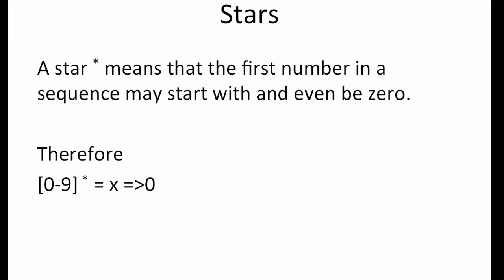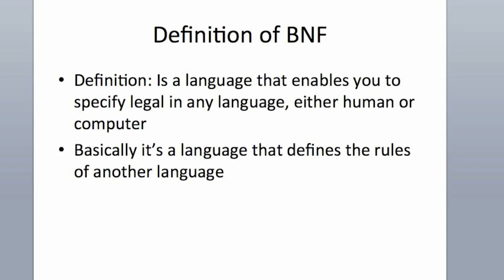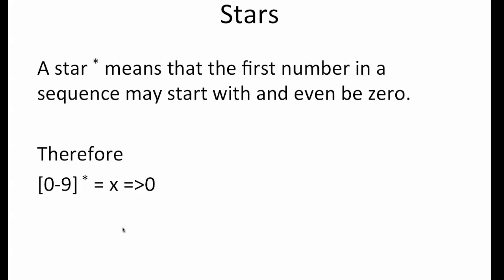A star means that the first number in a sequence may start with and even be 0. So therefore, in this case over here, x is equal to or more than 0. So basically your number can be 0.